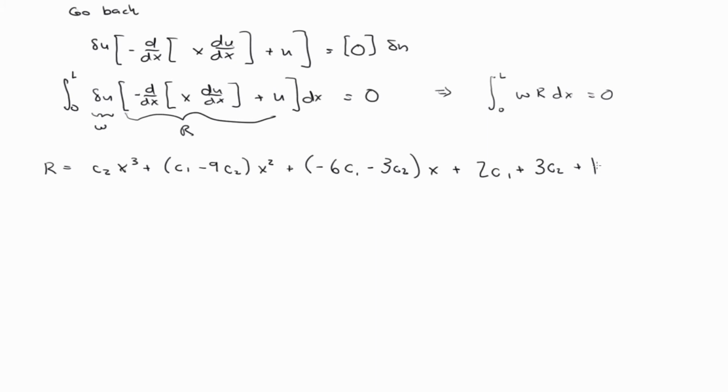And the reason we couldn't solve that system of equations earlier is because we had 4 equations and only 2 unknowns. So if we choose the weights such that they're linearly independent, so we're going to choose 2 weights such that they're linearly independent.